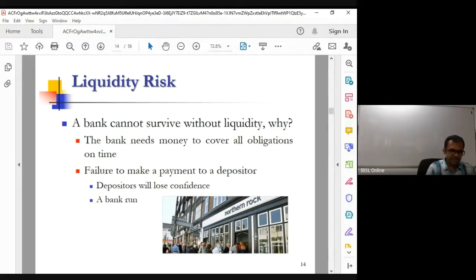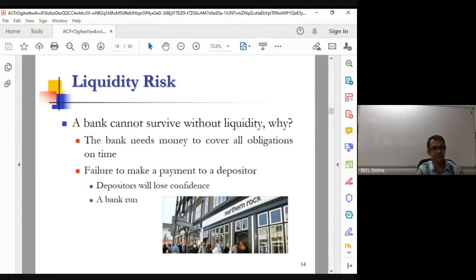What's a bank run? That means all depositors will come and ask for their money back at once. Now depositors come and take their money every day. Yes, but meantime there will be new depositors, and even the depositors, they won't take all their funds.